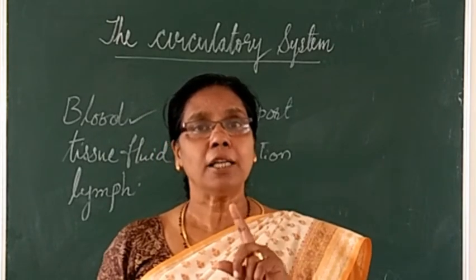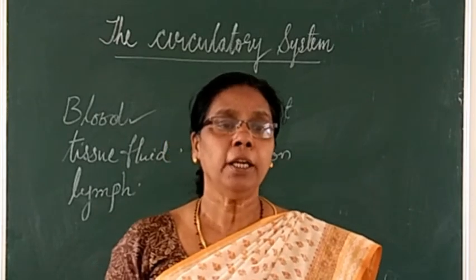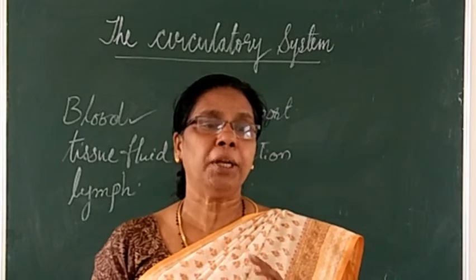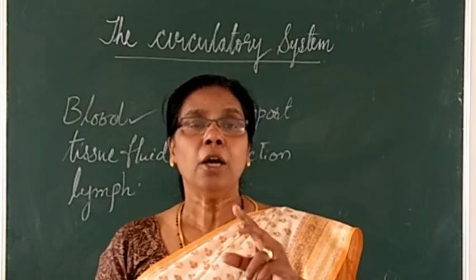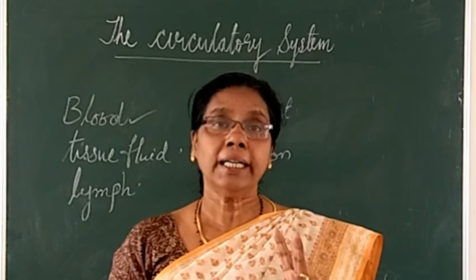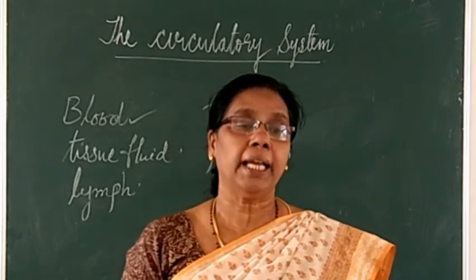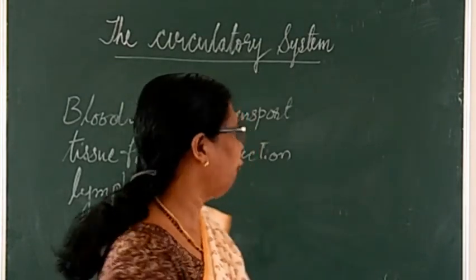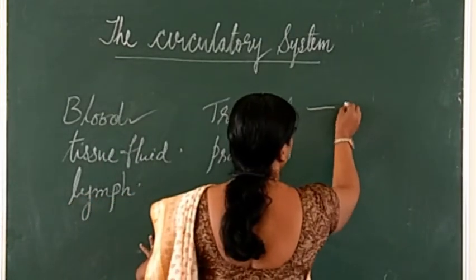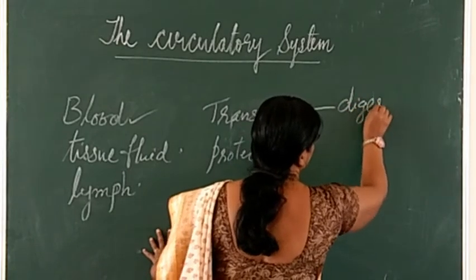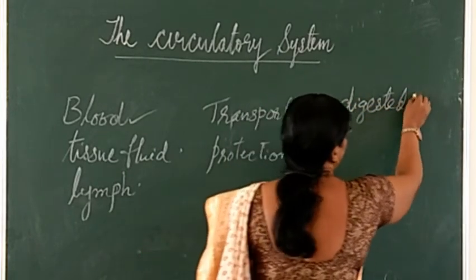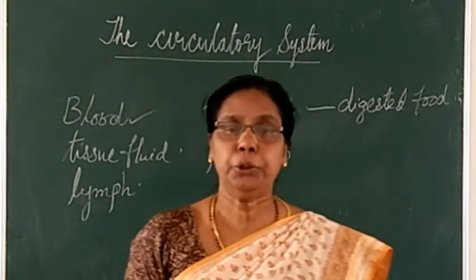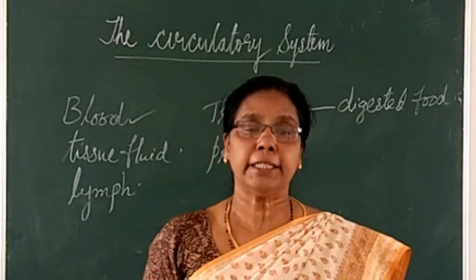Simple sugars like glucose, amino acids, vitamins, and salts all have to reach all the cells and tissues of the body. So, transport of digested food.